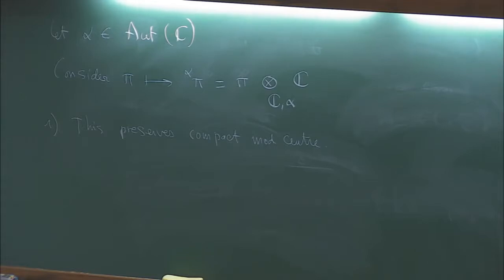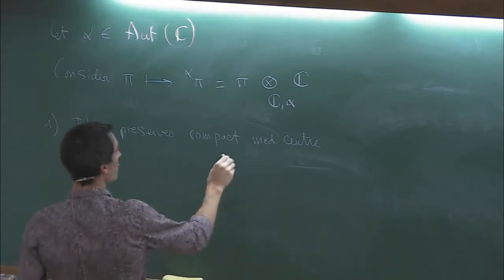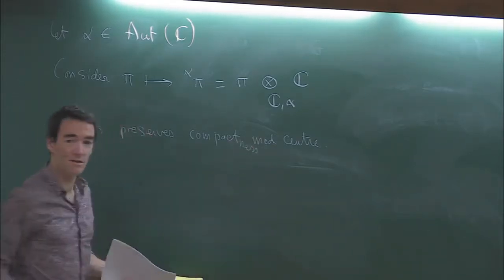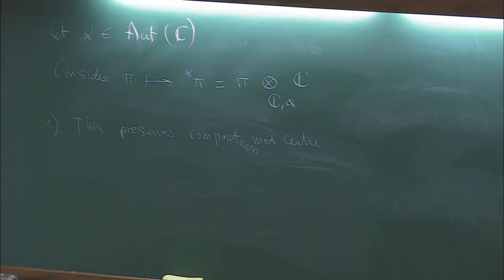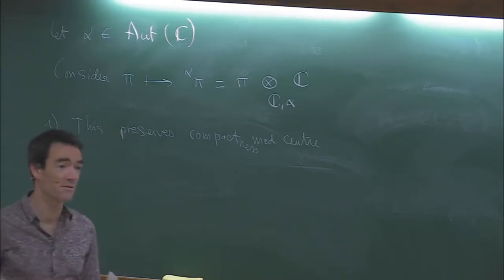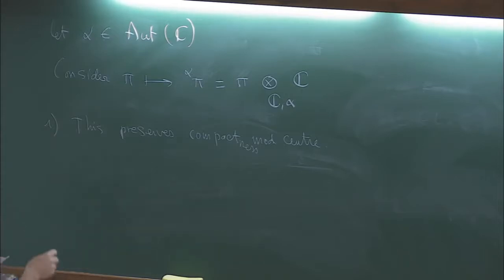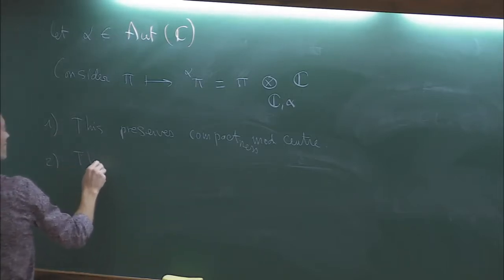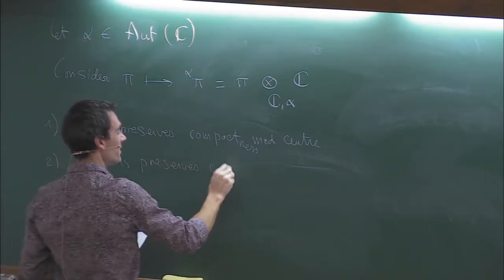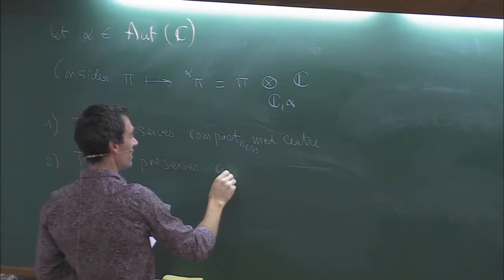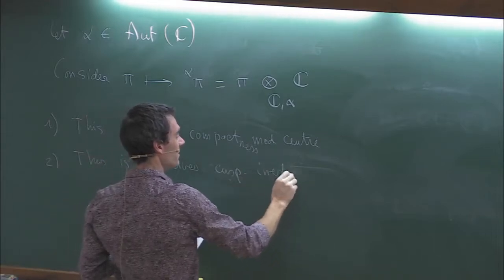Alpha does not preserve the fact that a complex number is 0 or non-zero. So compactness mod center is preserved. And so it implies that cuspidality is preserved, because we know that for irreducible representations, cuspidal is the same as compact mod center. So it preserves cuspidal irreducible representations.